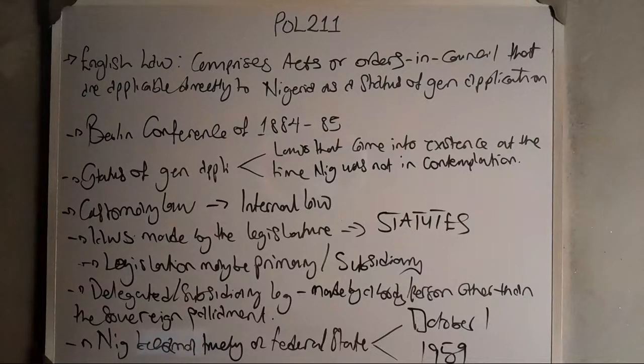Now, Nigerian customary law can be classified into what we call ethnic customary law and Muslim law, which is Islamic law. Now, the ethnic customary law is indigenous, unwritten, and diverse from one ethnic group to the other. Let me take that again.